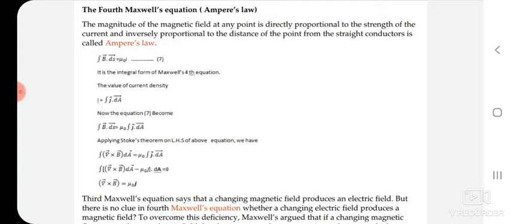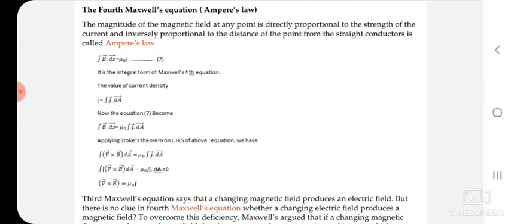Now, Maxwell's fourth equation is Ampere's law.